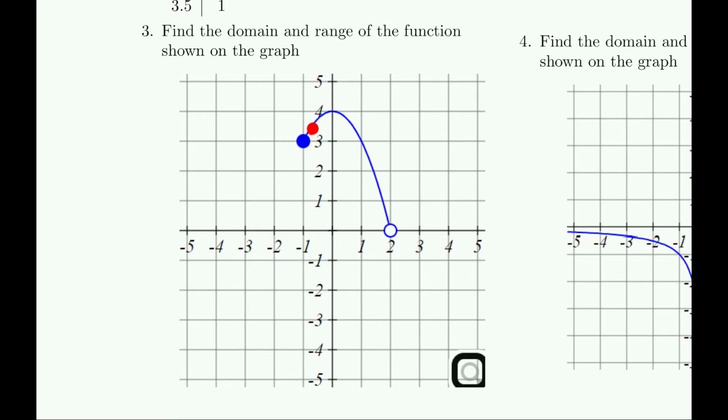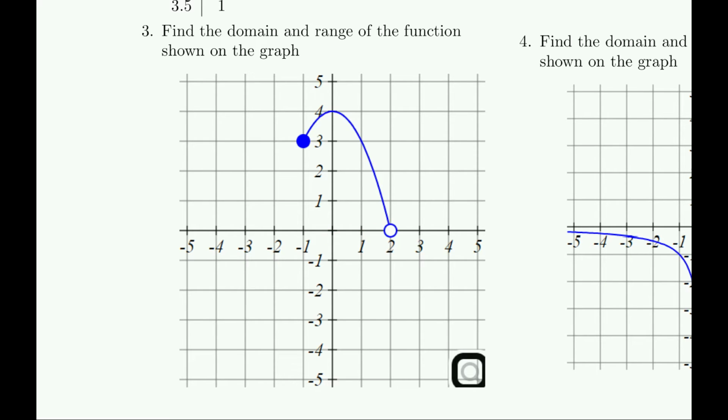the function starts and it goes up and then it comes down and it ends up down here. But if you look at this, all of the x values starting at this x value, -1, up to this x value, 2, are used, right? So all of the x values between here, this section of the graph, is the x values that are used.